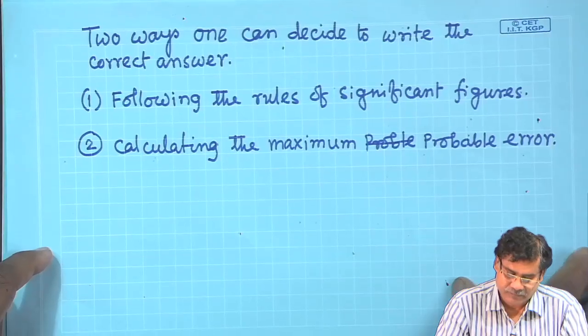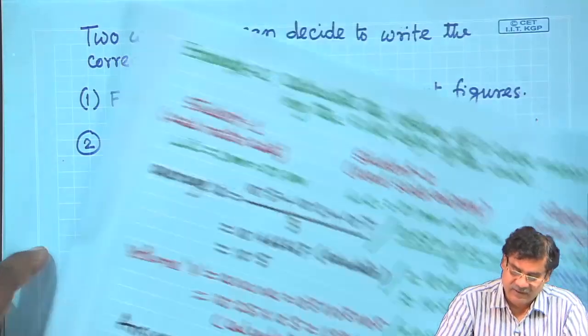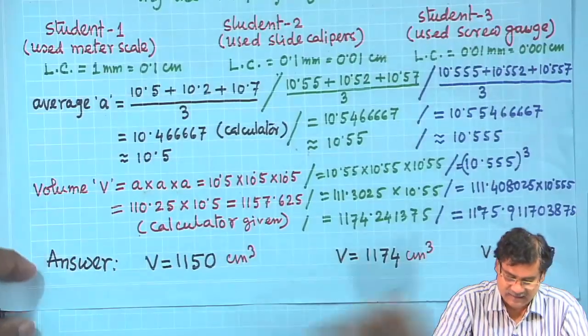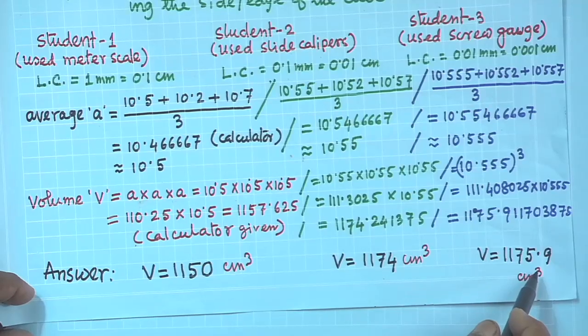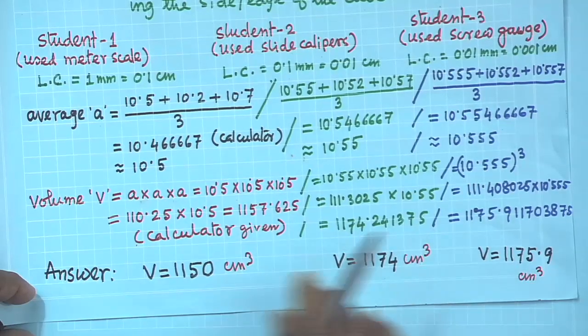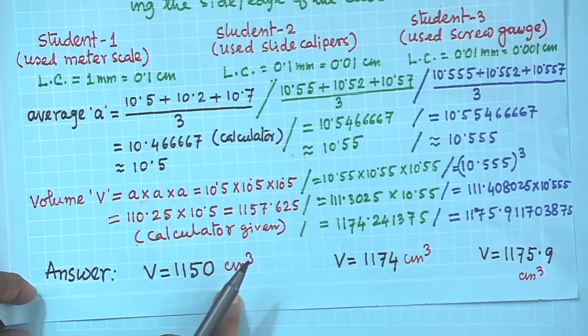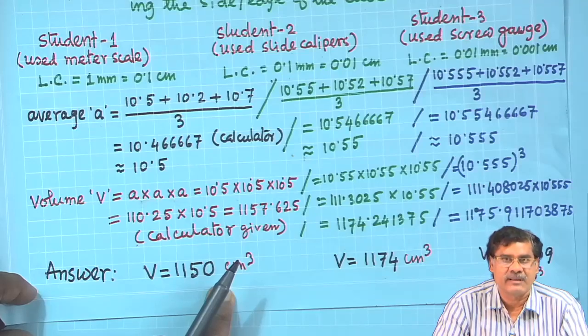From significant figures we have learned that the answer should be written like this, and the uncertainty in this result will be in the last significant figure.